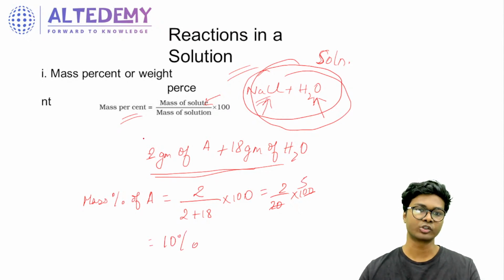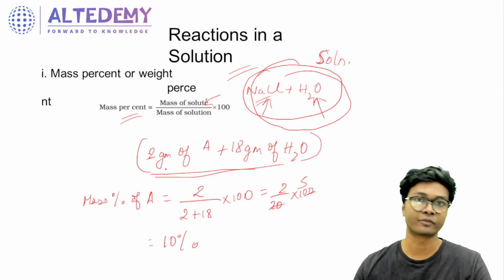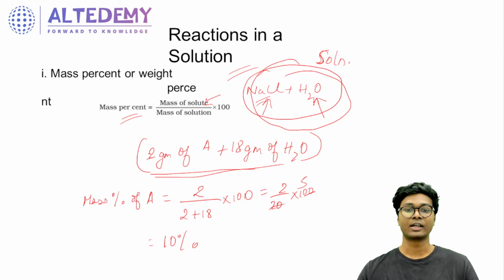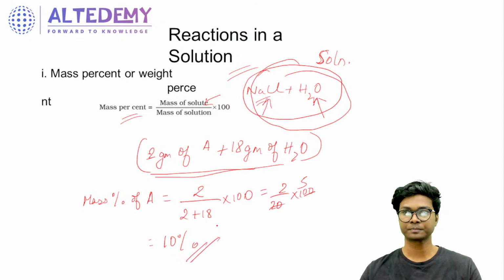So in this particular solution, the mass percent of substance A is 10%. Got it? Simple.